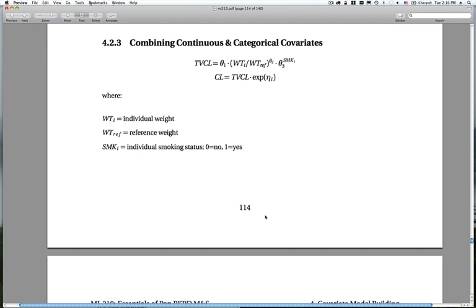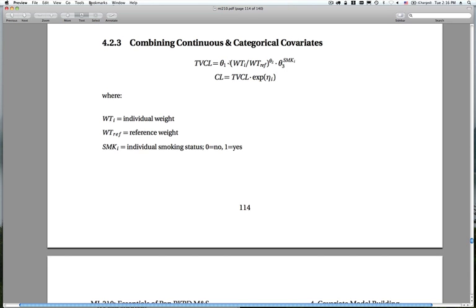Next, we might consider combining both continuous and categorical covariates in the same model. And if we use the power type model or the multiplicative type model, then they're all just multiplicative factors. So we have an intercept theta 1, we have a weight effect here, theta 2, which is in a power model, normalized by the reference weight. And then we have a categorical effect, theta 3, which is the smoking effect. This gives us an easy to interpret model.